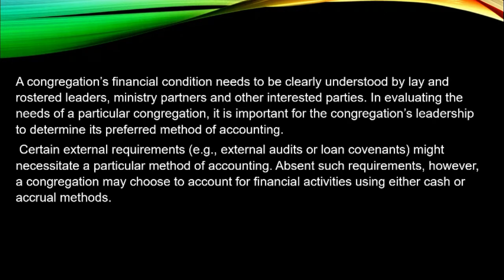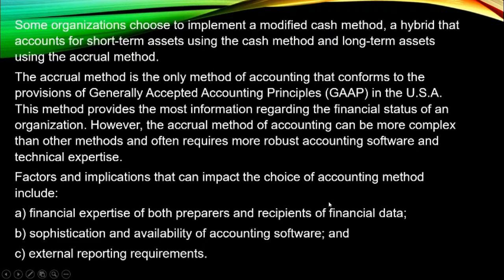Evaluating the needs of a particular congregation, it is important for congregation leadership to determine its preferred method of accounting. Certain external requirements, such as audits or loan covenants, might necessitate a particular method of accounting. Absent of these requirements, they may choose to account for financial activities using cash or accrual method.